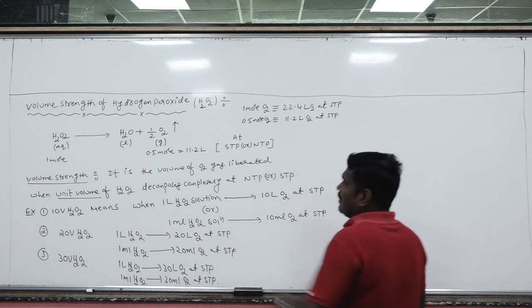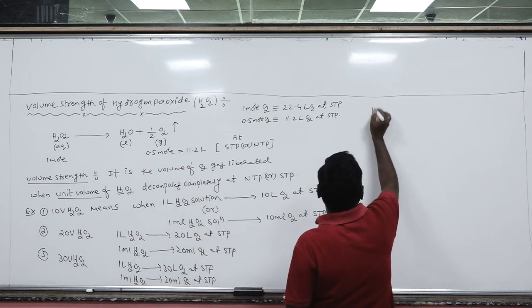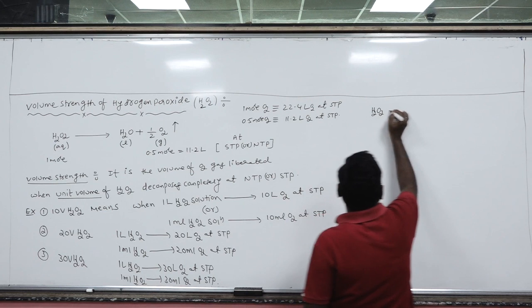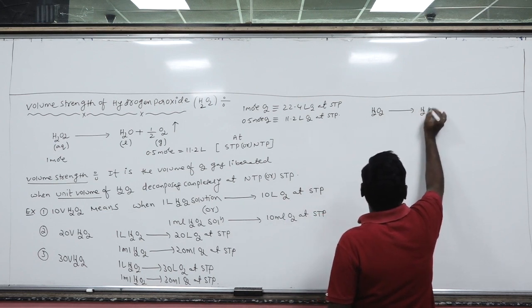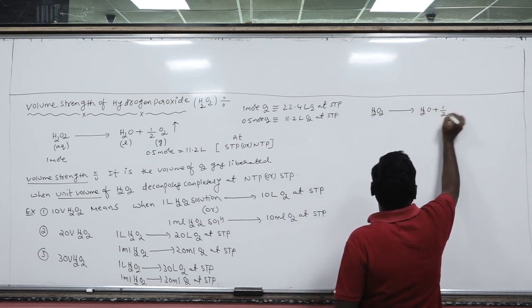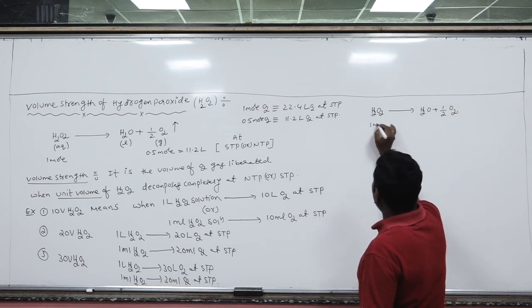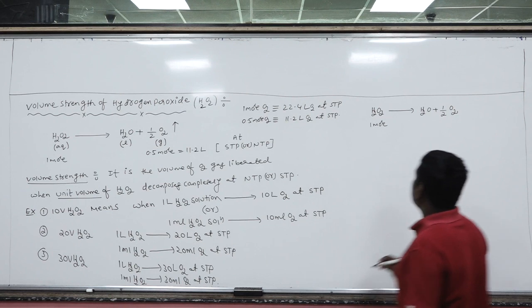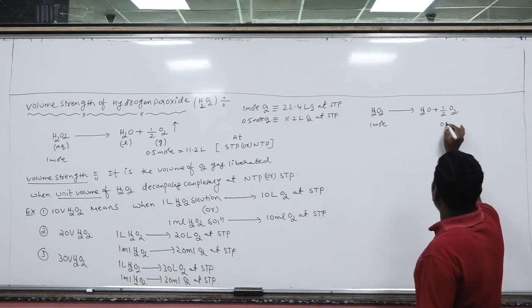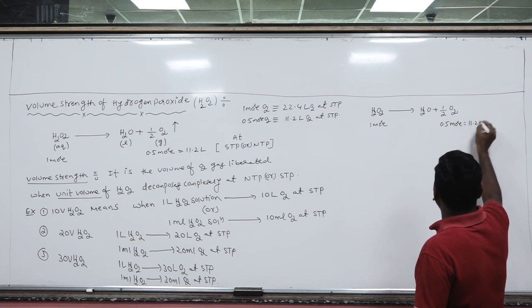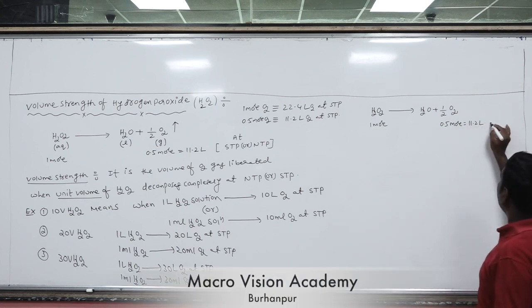Now here, once again I am writing the stoichiometry equation of the decomposition of hydrogen peroxide. Okay, let's suppose I am taking 1 mole of hydrogen peroxide. So how many moles of oxygen gas are liberated? 0.5 moles. In terms of volume, how many liters? 11.2 liters at STP condition.